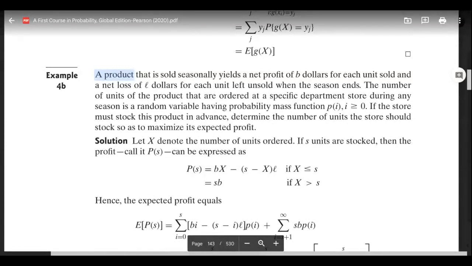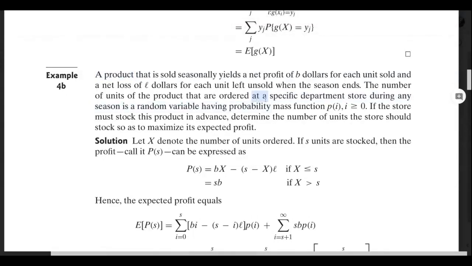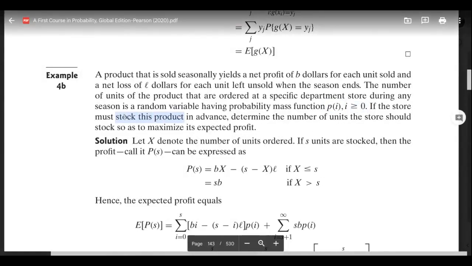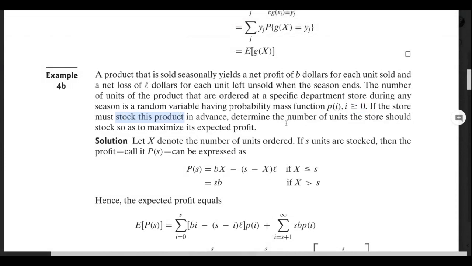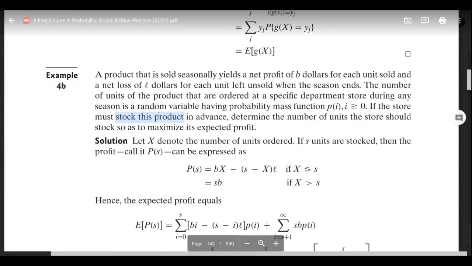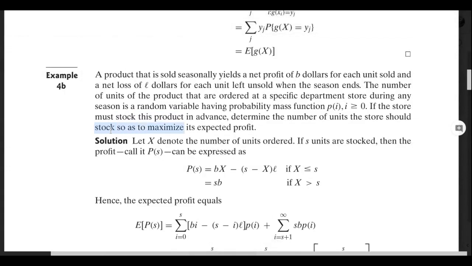The number of units of the product that are ordered at a specific department store during any season is a random variable having probability mass function p of i, with i non-negative, starting from 0. If the store must stock this product in advance, determine the number of units the store should stock so as to maximize its expected profit.